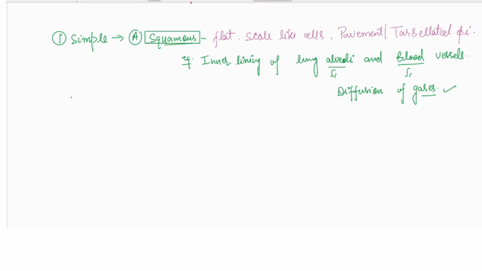Now let's see the next one, the second one, the cuboidal or cubical shape. The cubical shape has a polygonal outline, and it would be vertical in shape.